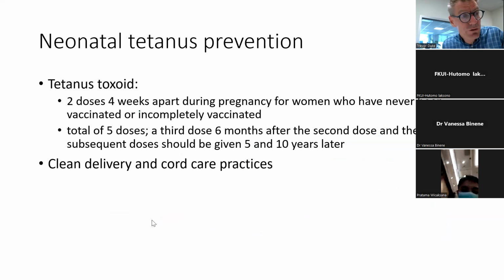And it also tells you something about why prevention works in these babies. Remember I said that when mothers are non-immune, then they're much more likely to transmit the infections to their babies. Most of us are not immune from tetanus. We've not been exposed to tetanus in our lives. We're only immune from tetanus if we've been vaccinated.